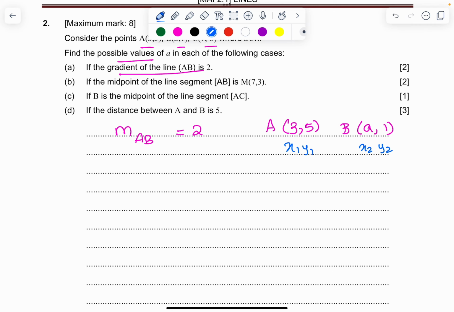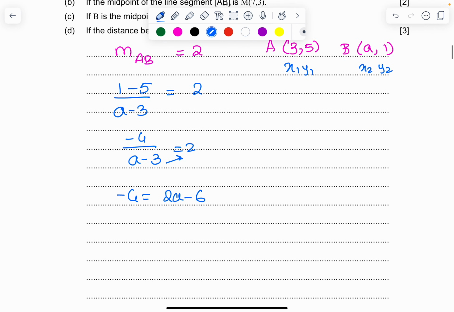So gradient formula y2 minus y1 by x2 minus x1 is going to be 2. So negative 4 upon a minus 3 equals 2. Do the cross multiplication. So negative 4 equals 2a minus 6. So negative 4 plus 6 equals 2a. 2a equals 2. a equals 1.